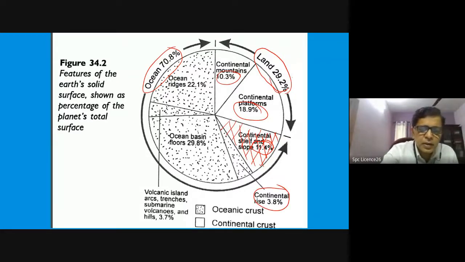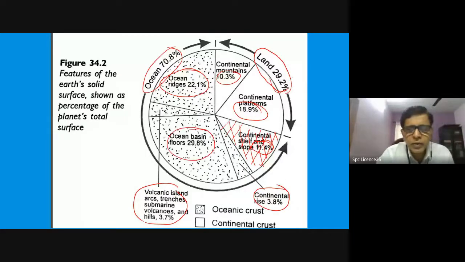Another 4% is the volcanic islands, arcs, trenches, submarine volcanoes, etc. The largest two sections of this planet comprise the ocean ridges and the ocean basins. If you put them together, nearly 30 plus 22 is 52%, so more than 50% of this planet is made up of ocean floors and oceanic ridges. These are a few further interesting facts that we need to understand.